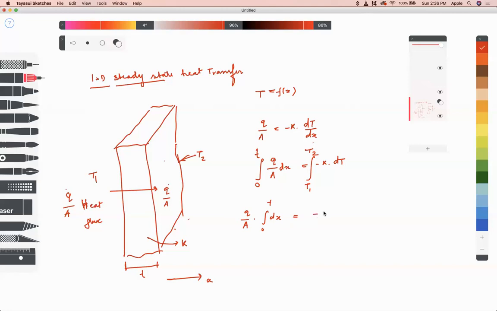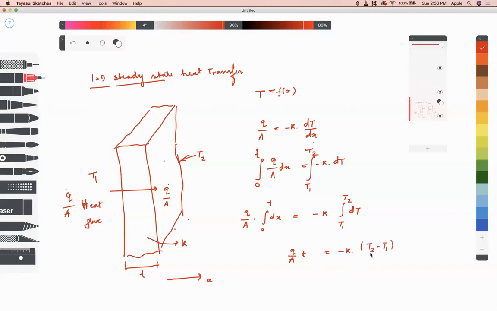And here, since thermal conductivity, we are also assuming it to be constant, it will be from T1 to T2, with respect to dT. This will be q by A into t, and here it will be minus k into T2 minus T1.